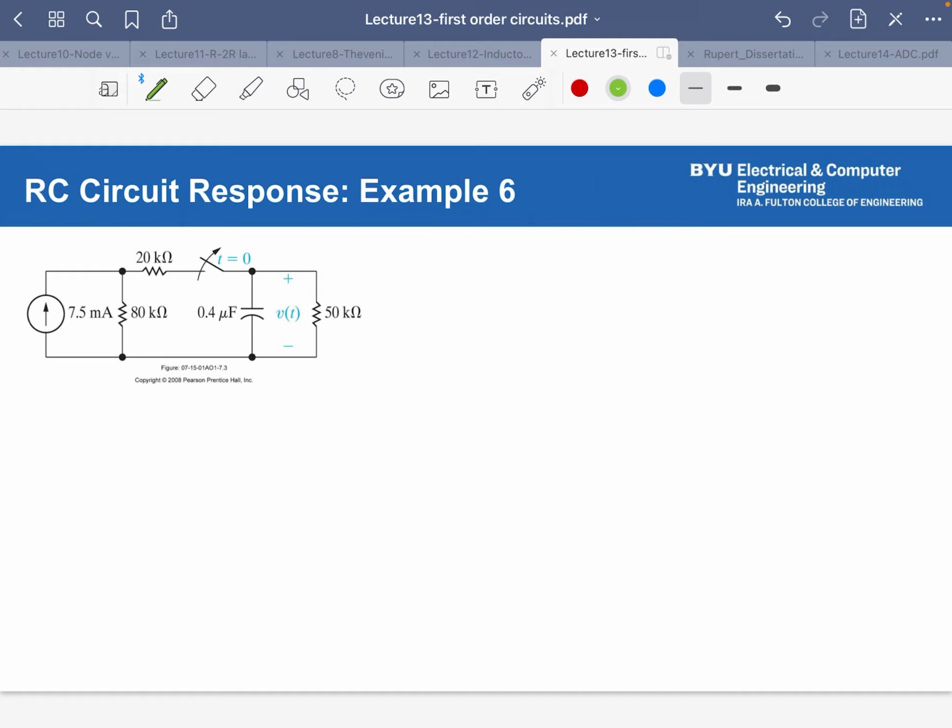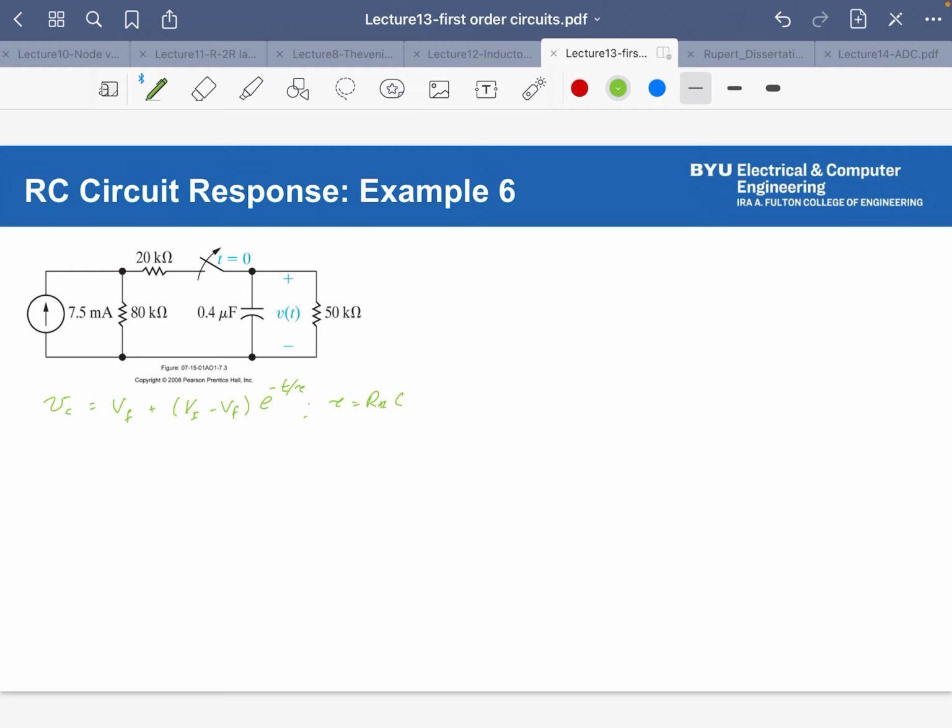So again, I could write that the voltage across the capacitor is going to be the final voltage plus the initial voltage minus the final voltage, e to the minus t over tau, and tau will be equal to RTH C.